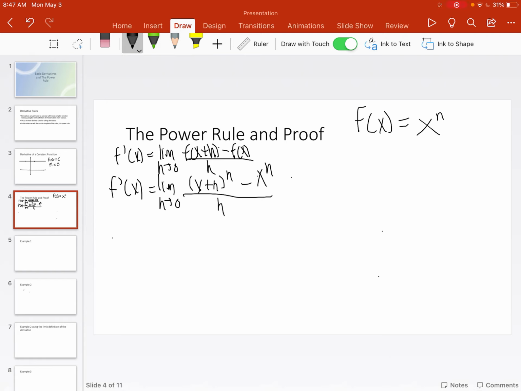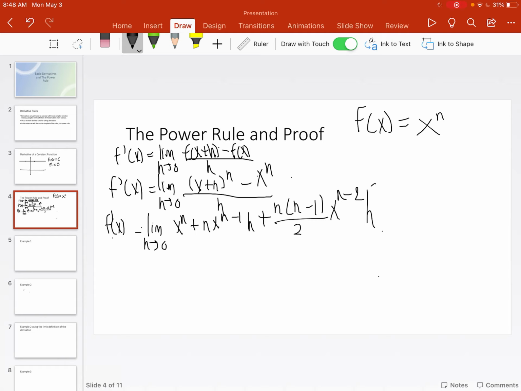Well, how do we expand this? We expand this using the binomial theorem. So what does this turn out to be then? This turns out to be the limit as h approaches 0 of x to the n plus n x to the n minus 1 h plus n times n minus 1 over 2 x to the n minus 2 h squared.